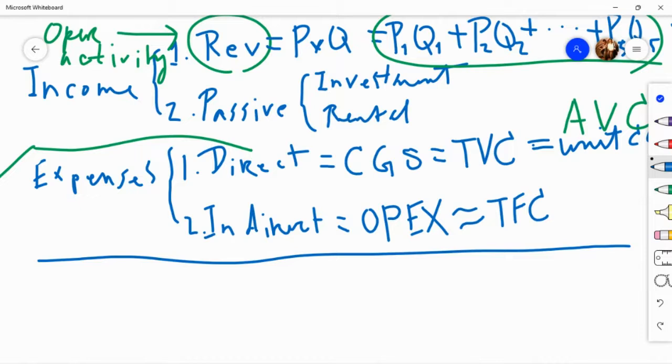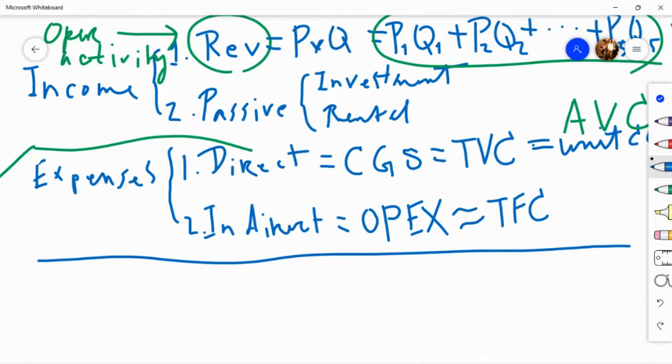Capital, labor, and raw material, the factors of production which go directly into the production of the product. That's why it's called direct cost. And direct cost is also called cost of goods sold, and also called total variable cost.